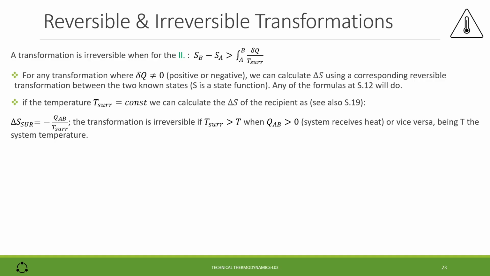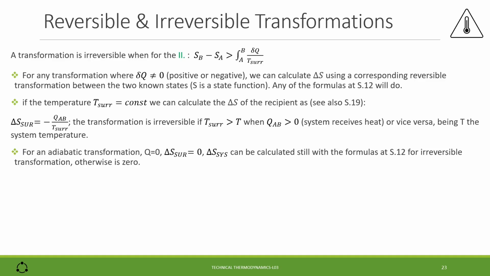When heat is positive, the system receives heat, or vice versa. For an adiabatic transformation, Q is 0, delta S of the surroundings is 0, and the delta S of the system can be calculated with the formulas seen at slide number 12 for the irreversible transformations, otherwise it is 0.